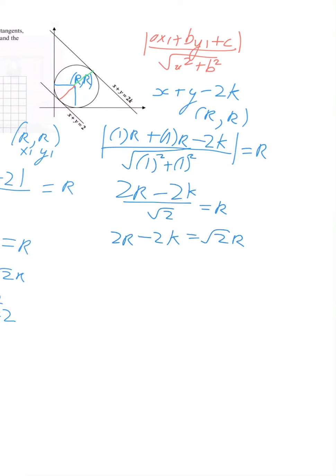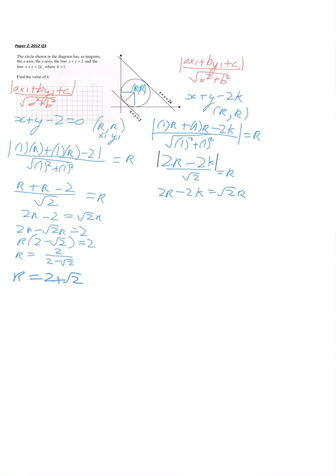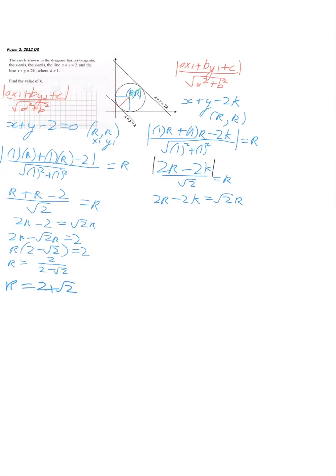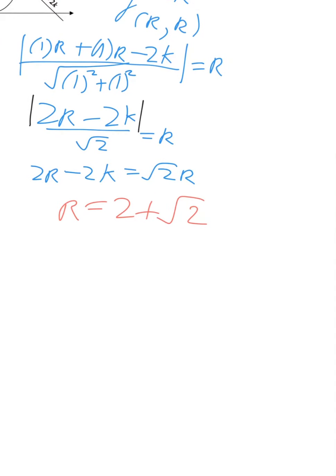Now, you can see it's very similar to the previous one. One thing I forgot to put in here is this modulus sign. When solving with a modulus, you'll always have a plus and a minus that you'll equate to. So I'm going to put the radius back in. I already found the radius as 2 plus root 2. And again, I need to keep that modulus sign there.